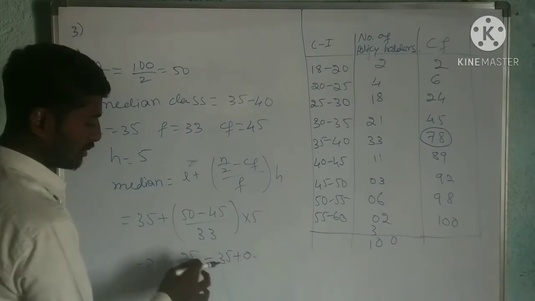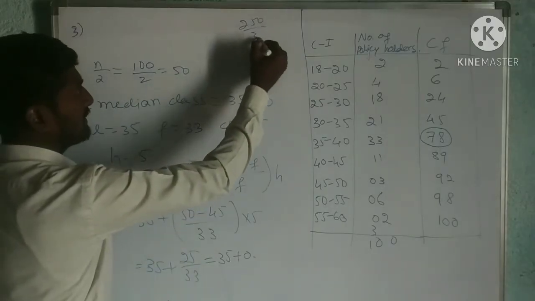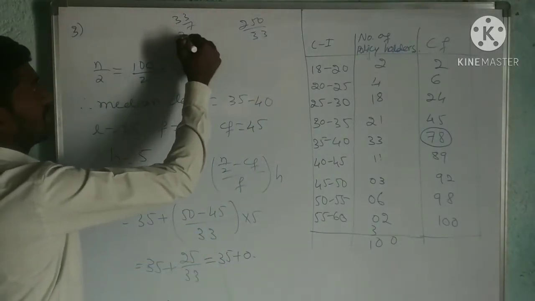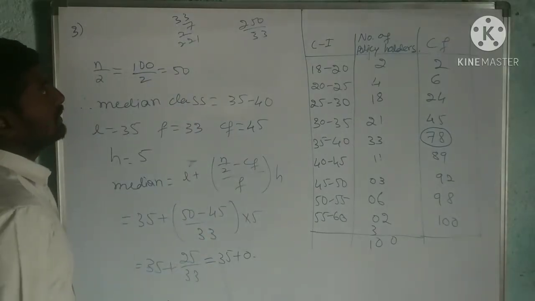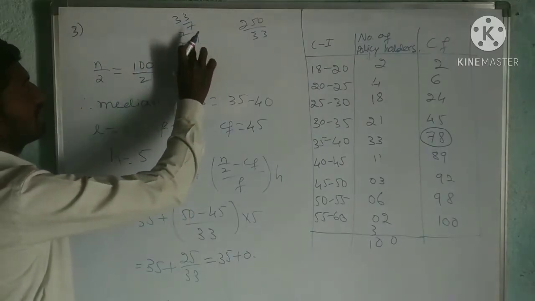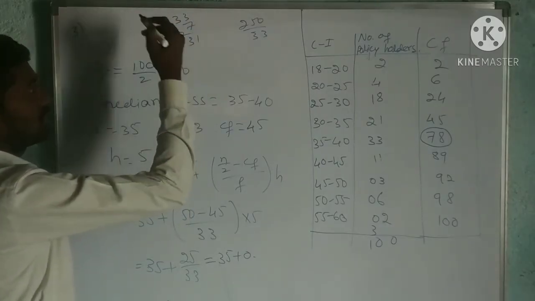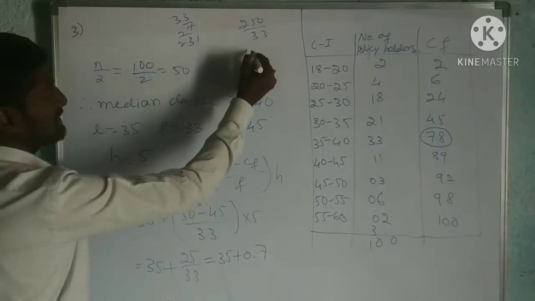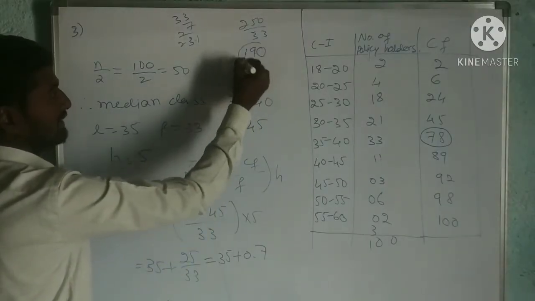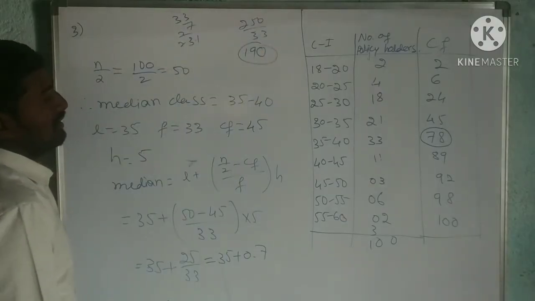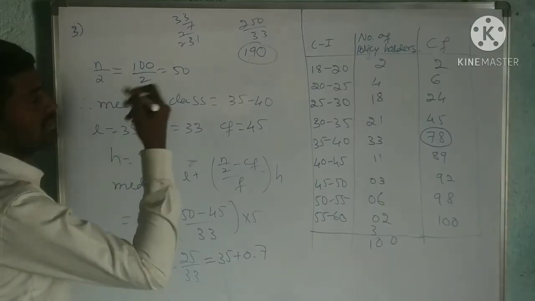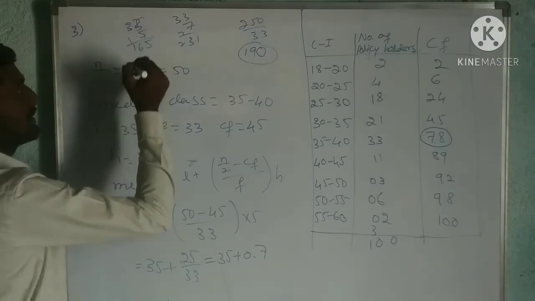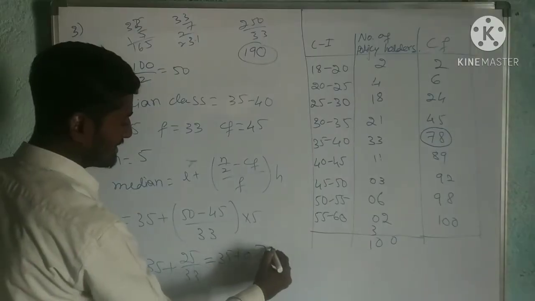It will become 250 divided by 33. 7 threes are 21, 33 into 7 is 231. So 0.7. 250 minus 231 is 19, so it becomes 190. 190 divided by 33. 33 fives are 165. So I can write this as 0.75.